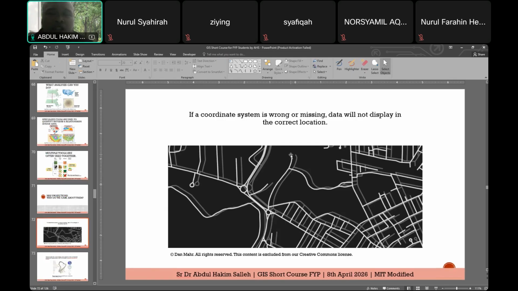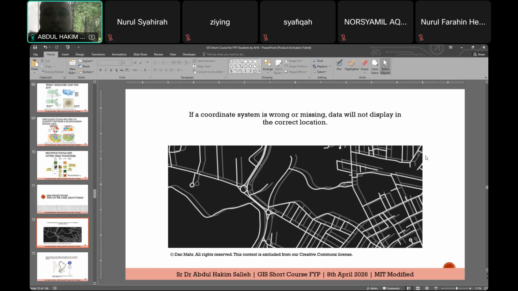Okay, and you do not want this happening, because if it occurs without you realizing it, it will cost the project millions of ringgits just to repair the mistakes. That's why coordinate systems are crucial.